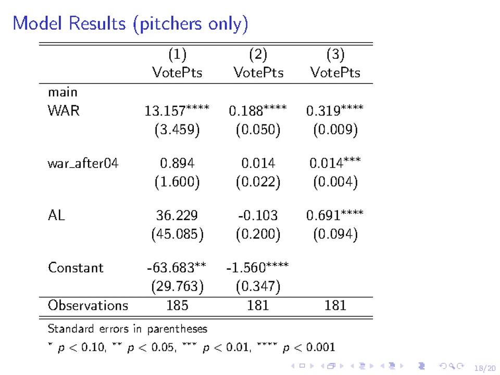They're still getting docked about the same as they were before 2004. They're essentially getting the same number of additional vote points per additional unit of WAR, and it's much less than for a position player. And there's no real difference between leagues in this respect.